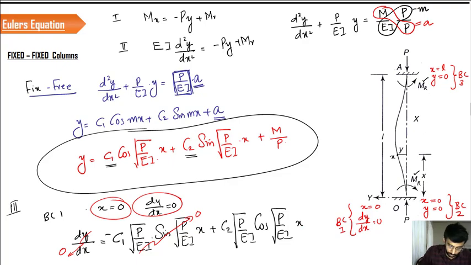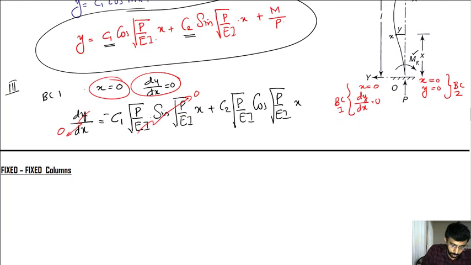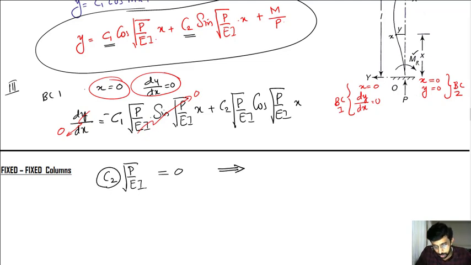So what we have is root of p by EI into c2 is equal to 0. Definitely p cannot be equal to 0, E cannot be equal to 0, and I cannot be equal to 0. The only term that can become 0 is c2, which means we can conclude that c2 is equal to 0. So this is the conclusion after the first step.